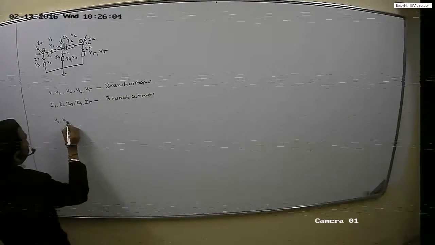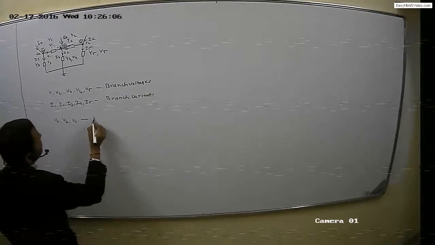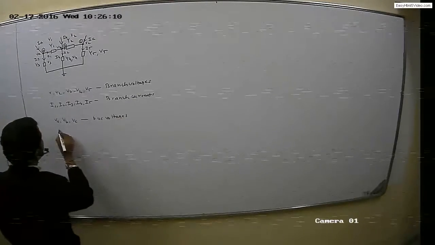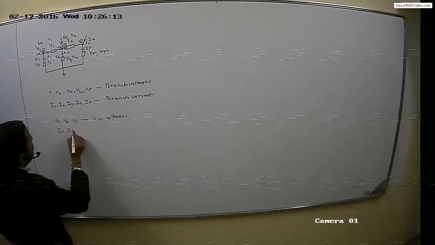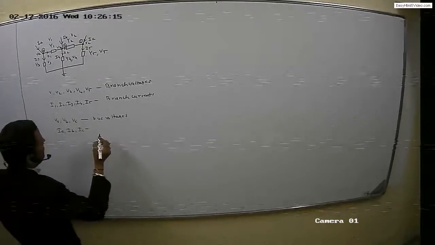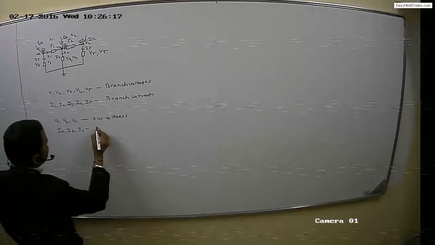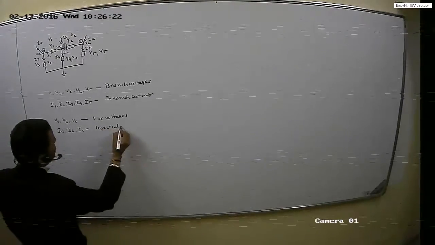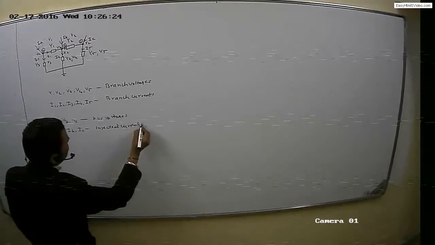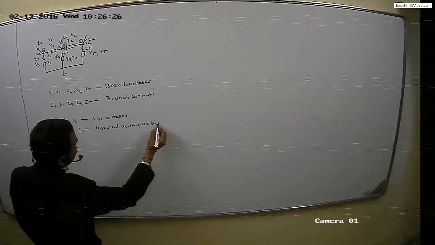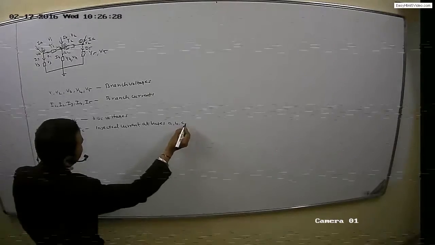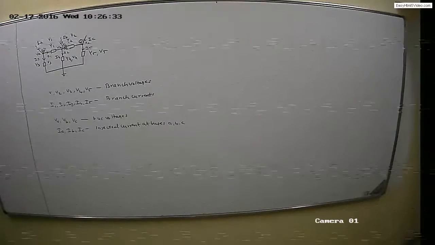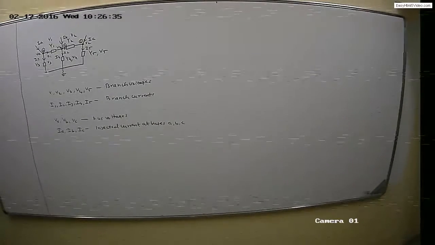So VA, VB and VC are nothing but the bus voltages. And IA, IB, IC are nothing but the injected currents at buses A, B and C. So now we have to use the graph theoretic approach in formation of the bus admittance matrix.